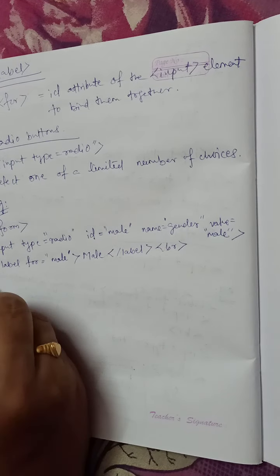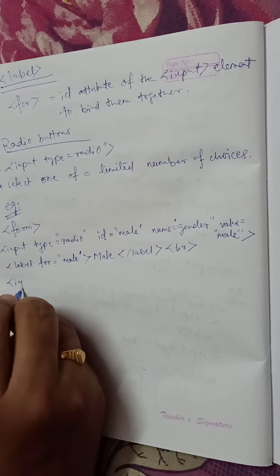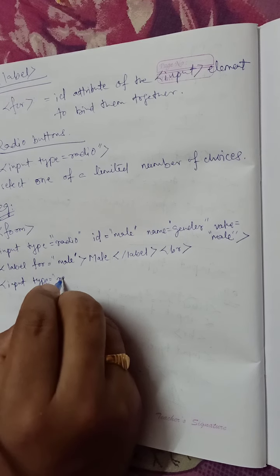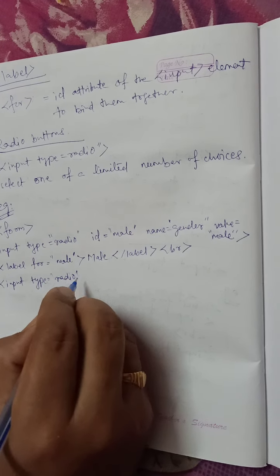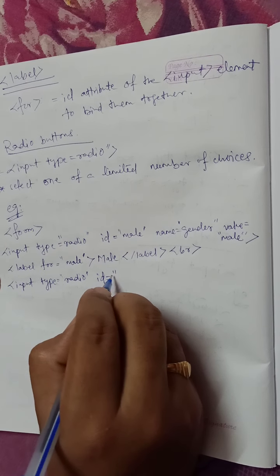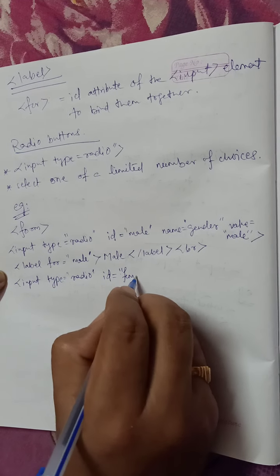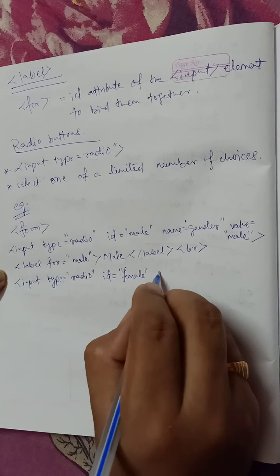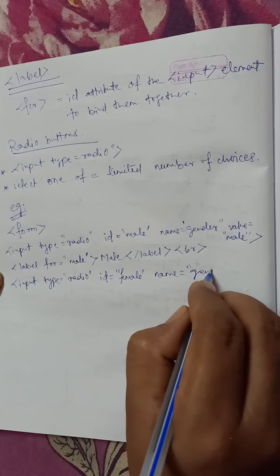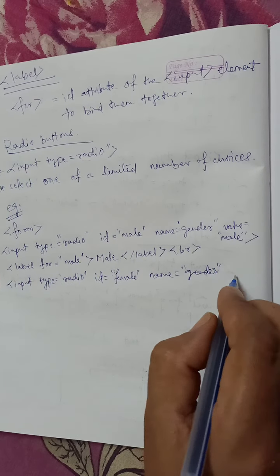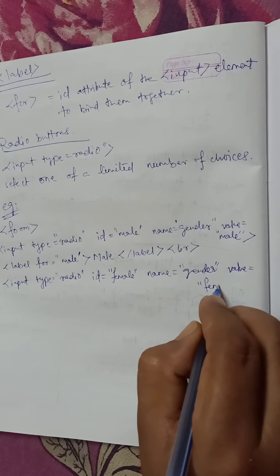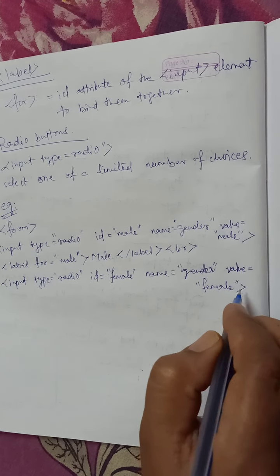Moving to the next line, we are now designing another radio button. It will have an id, let's label it female, name is gender, value is female.